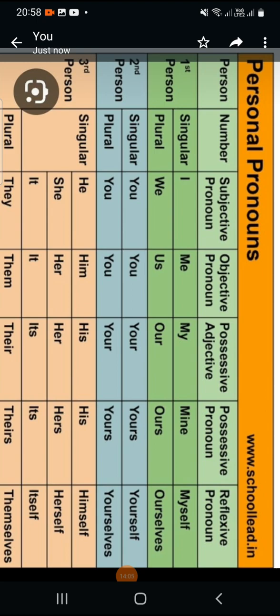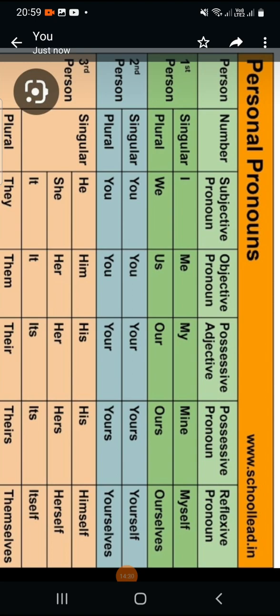Now when me will be used, me will be used when you would say that she has given a book to me, right? Why? Because me comes after the verb. Similarly, all the pronouns will be used.